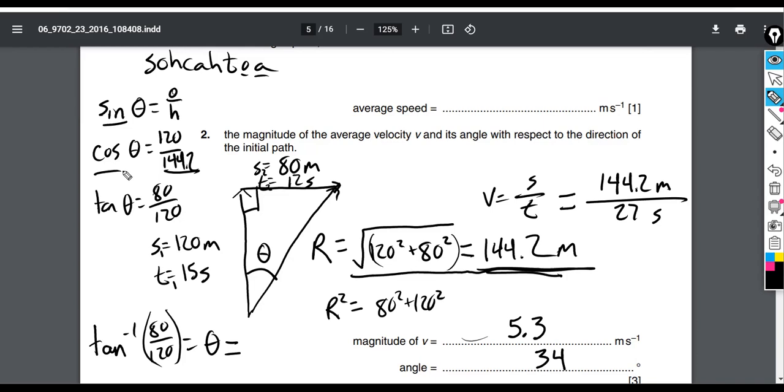Prove it to yourself that the cosine would work too. You got your calculator out already? Why not? It should be true that the inverse cosine of 120 over 144.2 or whatever gives you the same answer, right? And just for completion's sake, it should also be true that the inverse sine of opposite over hypotenuse should also give you the same 34-degree angle, right?